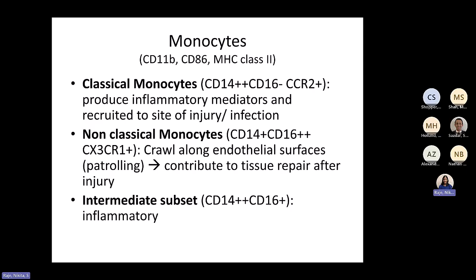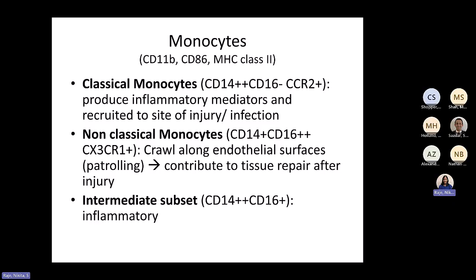They also express MHC class 2 that helps in antigen presentation and helps these APCs to activate the T cells using the marker called CD86, right? So they have these markers on them. So monocytes are defined by these markers. But there are different subtypes of monocytes.